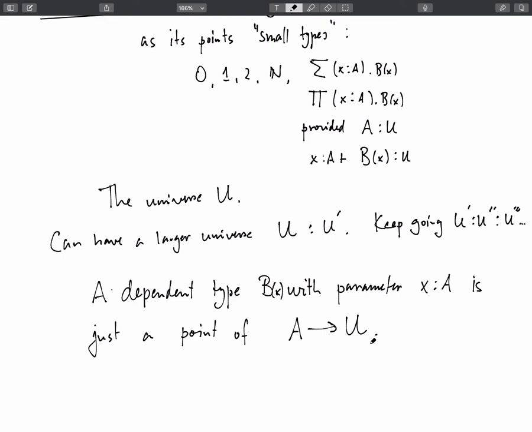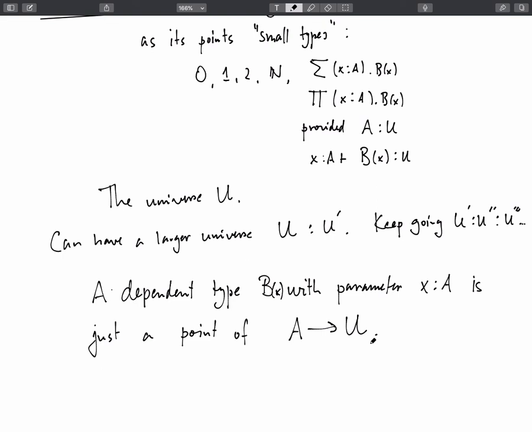Which simplifies a lot our treatment of what's going on, because now we get to treat types as points in the universe, and lots of interesting things happen. For instance, you can ask, what is the homotopy structure of U? That should be an obvious question to ask. And the answer is very, very interesting.